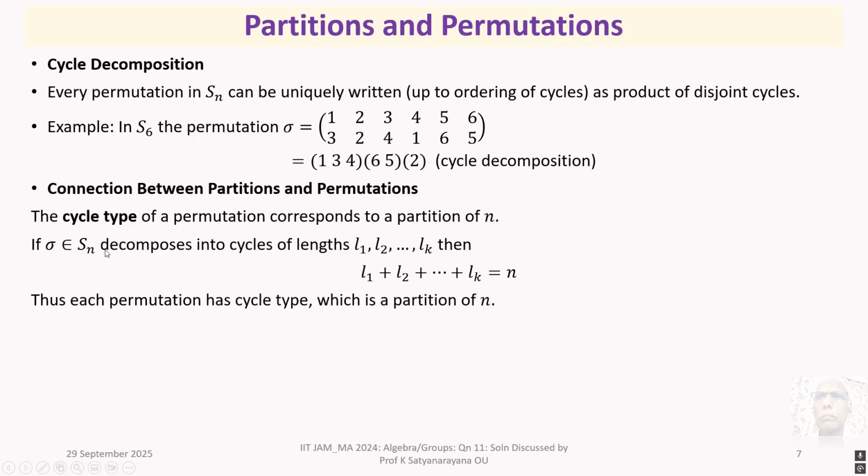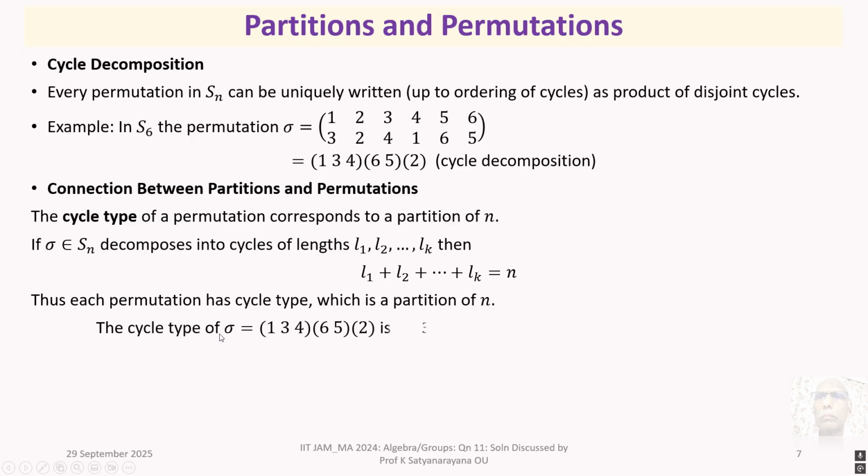Thus, each permutation has a cycle type. (L1, L2, ..., Lk) is a cycle type, which is a partition of n. So, corresponding to each permutation, we can write a partition of n. That means every permutation has a cycle type.